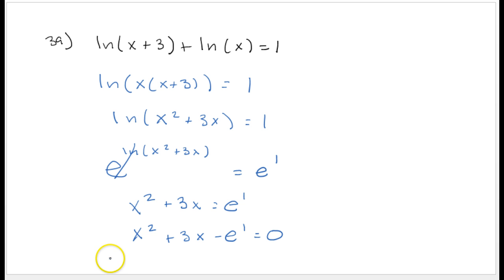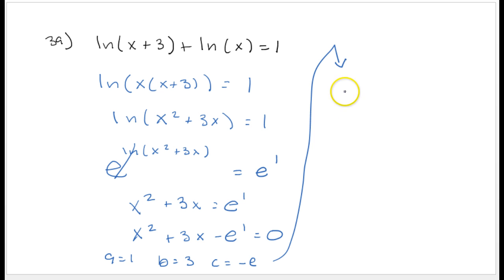So if we say a is 1, b is 3, and c is equal to negative e, we can set this quadratic formula up, and then you guys can punch it into your calculator and obtain two answers. We have x is equal to negative 3 plus or minus the square root of b squared, which is 9, minus 4ac.